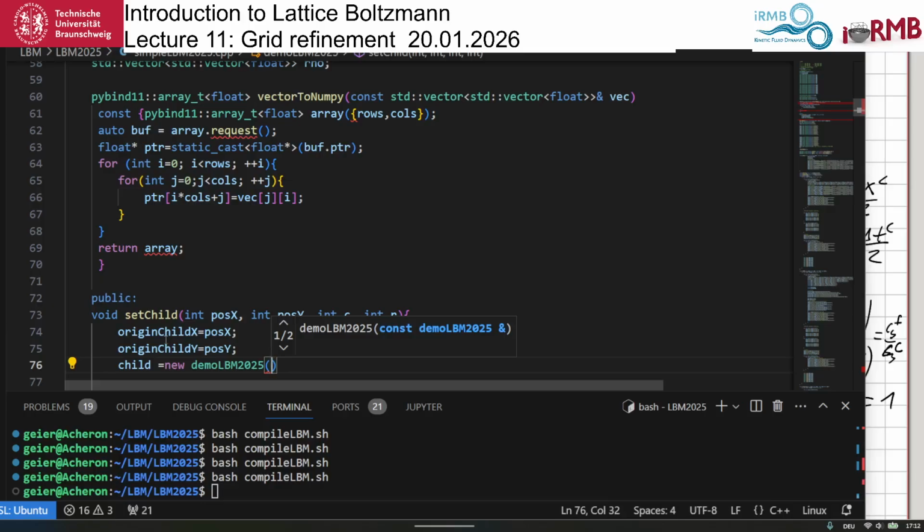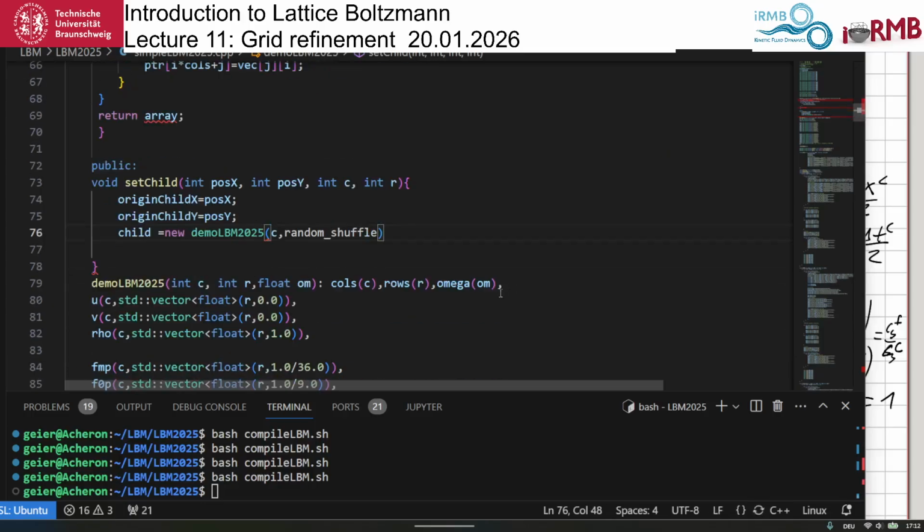And this comes with C and R. And what else is in the constructor? Okay, and then we have omega here. So what do we do with omega?